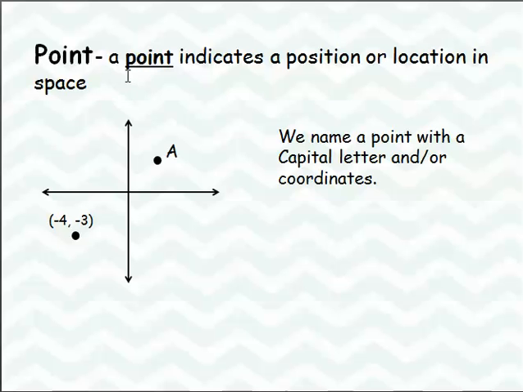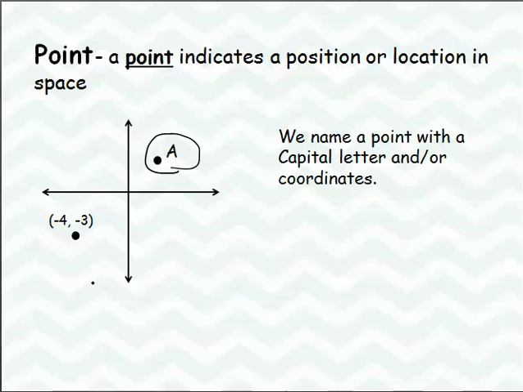A point indicates a position or location in space. We can see that by looking at a coordinate plane, where it's just a small point in the space. We name it by a single capital letter.